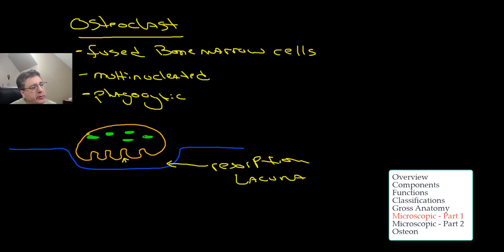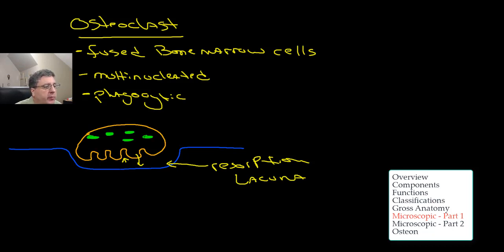And what happens is this osteoclast will secrete enzymes. Those enzymes drain out in this direction, and it will start to tear down or resorb this bone. And when it tears down the bone, it releases the calcium and phosphate. We talked about this earlier.